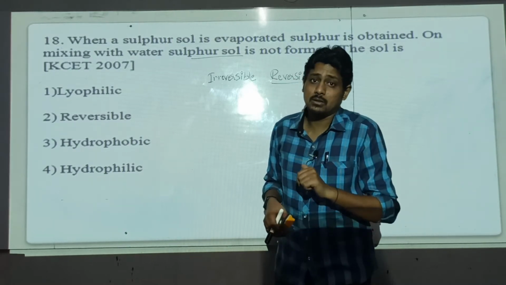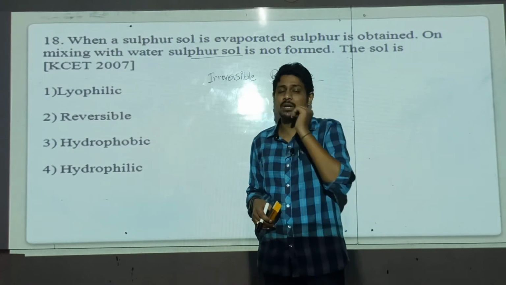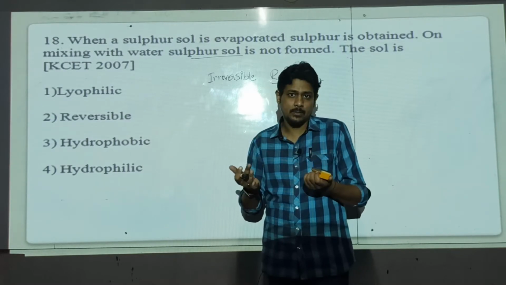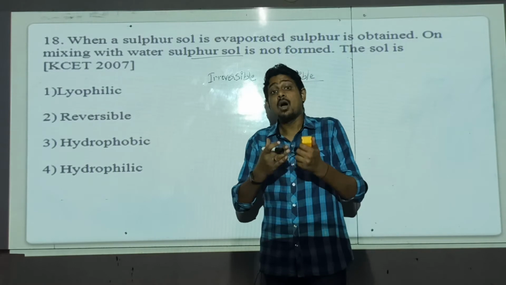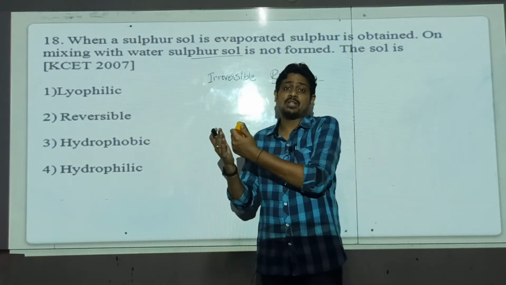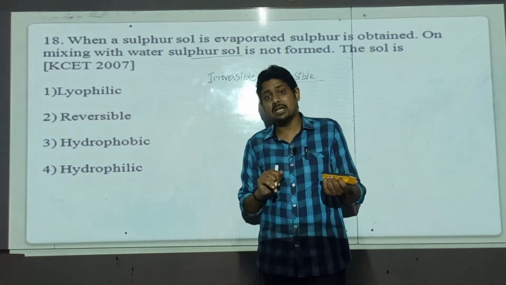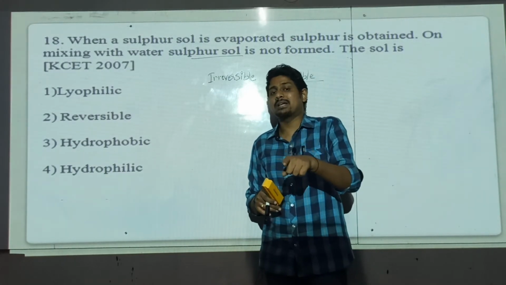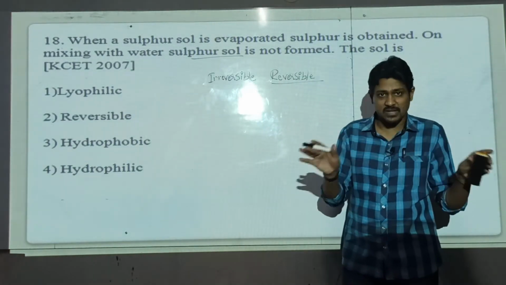This is possible only when the dispersed phase and the dispersion medium have affection towards one another. If they do not have affection, then once the dispersed phase and dispersion medium are separated, and again after adding the dispersion medium to the dispersed phase under normal conditions, you are not getting the colloidal particles back, then it means they are not having affection.